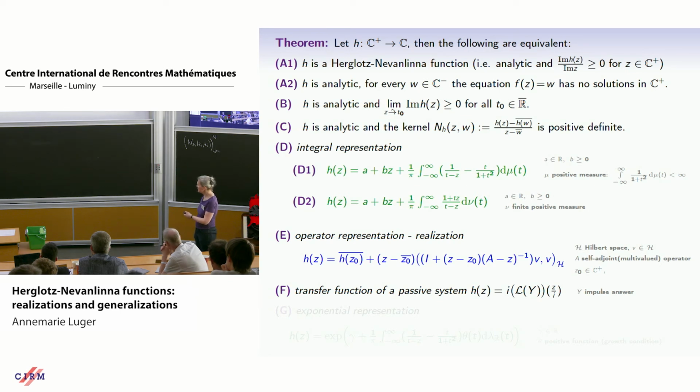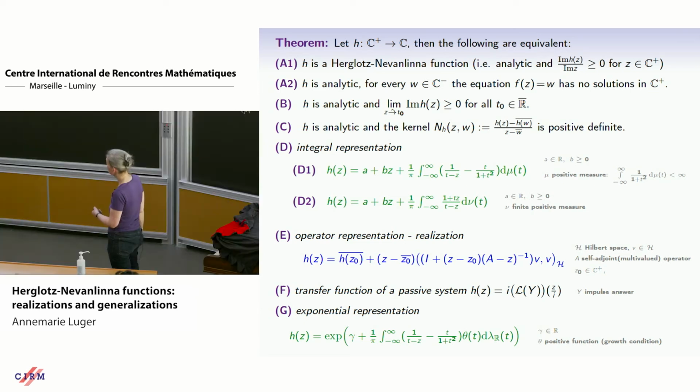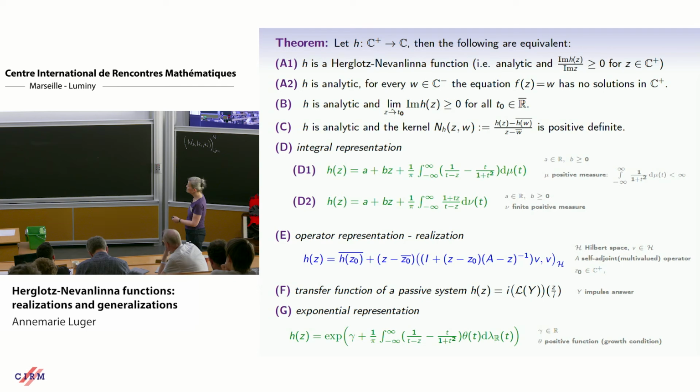And then finally, here on my list, I've mentioned an exponential representation. So this is now, the function is the exponent e to the power of something. And this one here is again a Herglotz-Nevanlinna function, but a little bit particular. So there is no linear term. And the measure here is absolutely continuous with respect to the Lebesgue measure. And here we have a density. So this is a positive function, which has some growth condition, which I have not written down here. How do you get this?